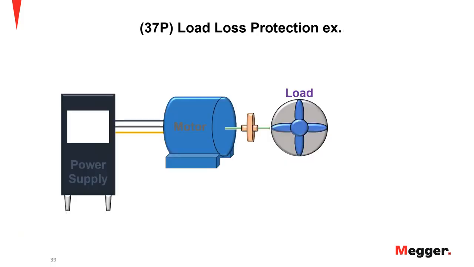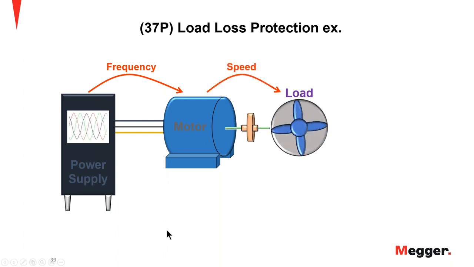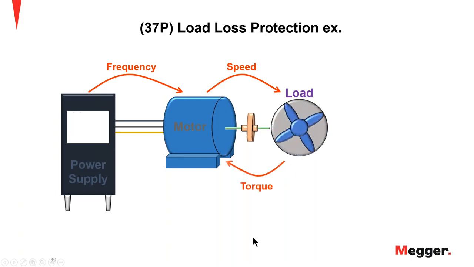So, load loss protection, what we were explaining earlier. This is a good little example here, and what we're doing is, again, using the same model as before. We're supplying power to the motor, the proper frequency and supply. The motor's building up speed and taking on the load. So now the load is spinning, we've got our torque and everything's looking good.